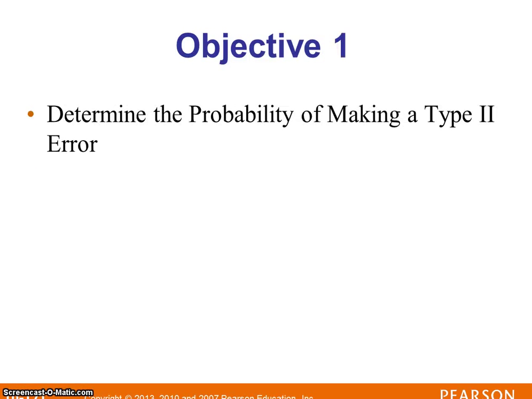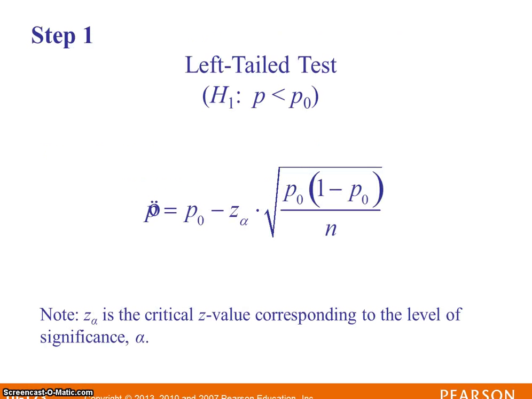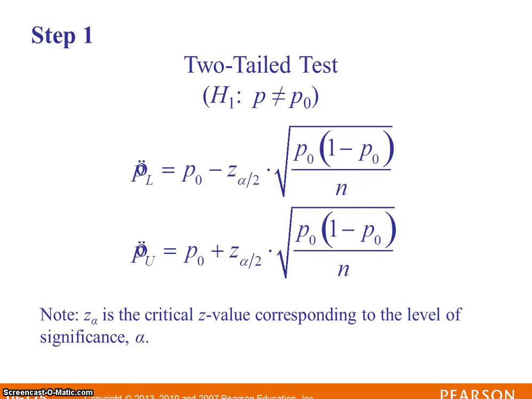So let's look at each one of these. To determine the probability of a type 2 error, first of all, what you want to do is determine the sample mean that separates the rejected region from the non-rejected region. And this procedure is listed on page 518 also. Whether it's a left-tailed test, a right-tailed test or a two-tailed test, this statistic is roughly the same.